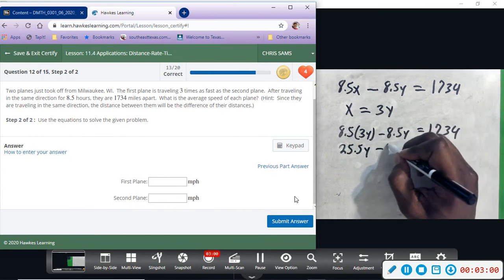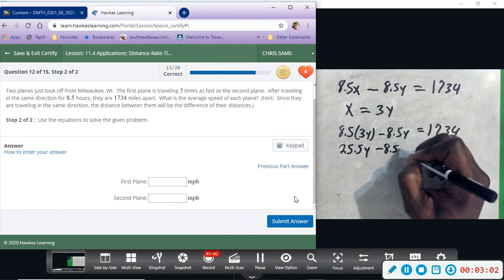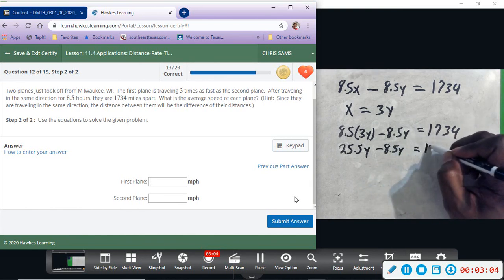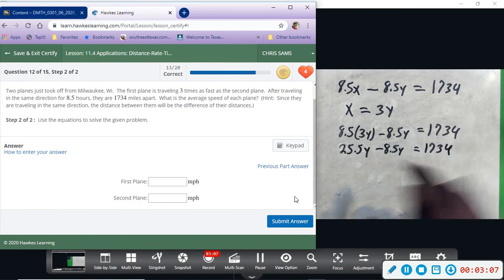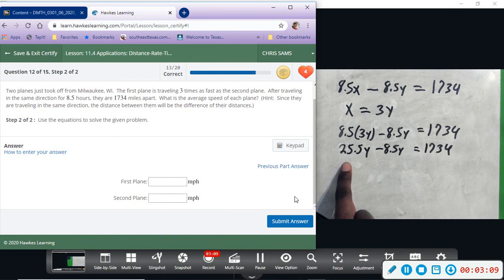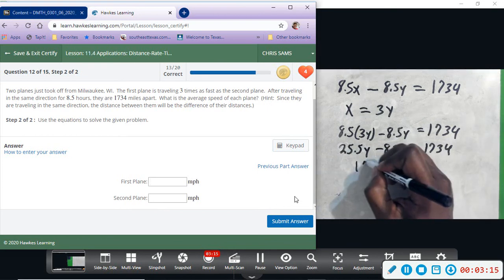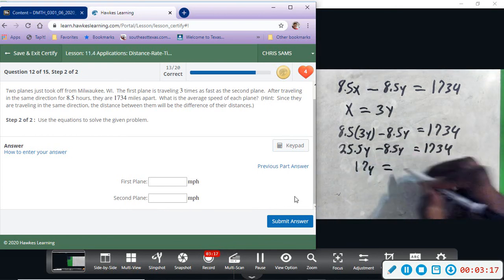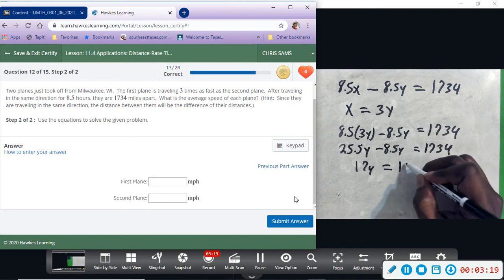So 25.5y minus 8.5y equals 1734. Alright, combine like terms. So 25 minus 8 gives us 17y equals 1734.